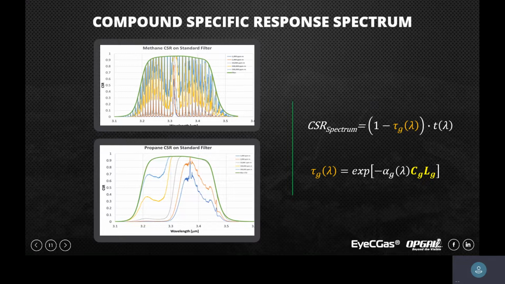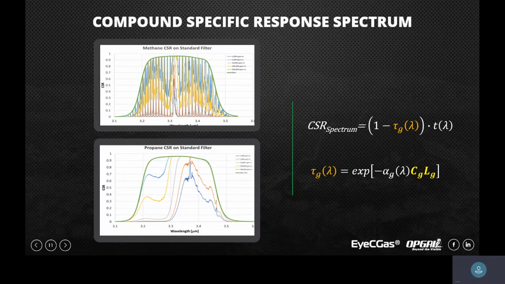So this is just a demonstration of the integrand. Remember the integrand inside the OGI equation? It has 1 minus the transmission of the gas plume times the transmission of the filter. So if we plot it at different concentrations, this is how the methane looks.